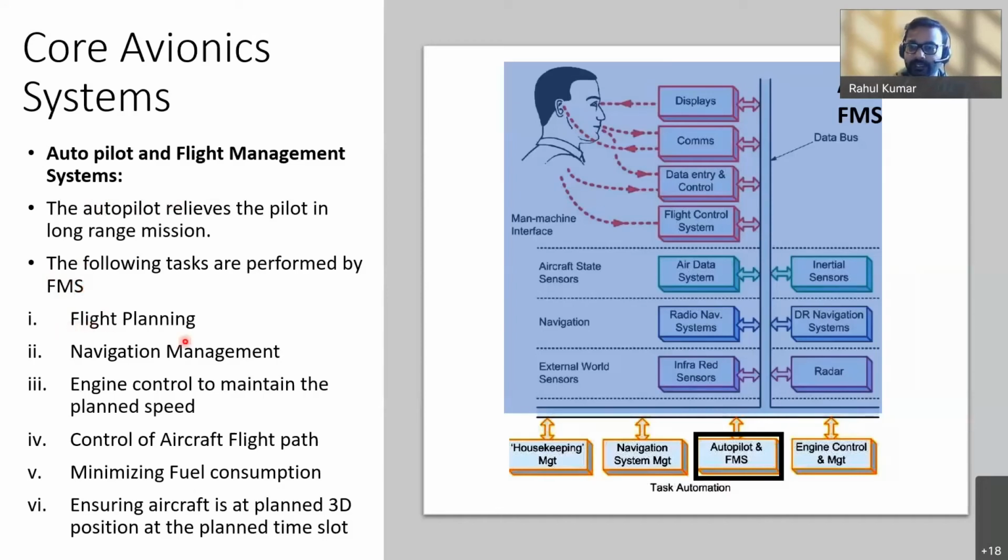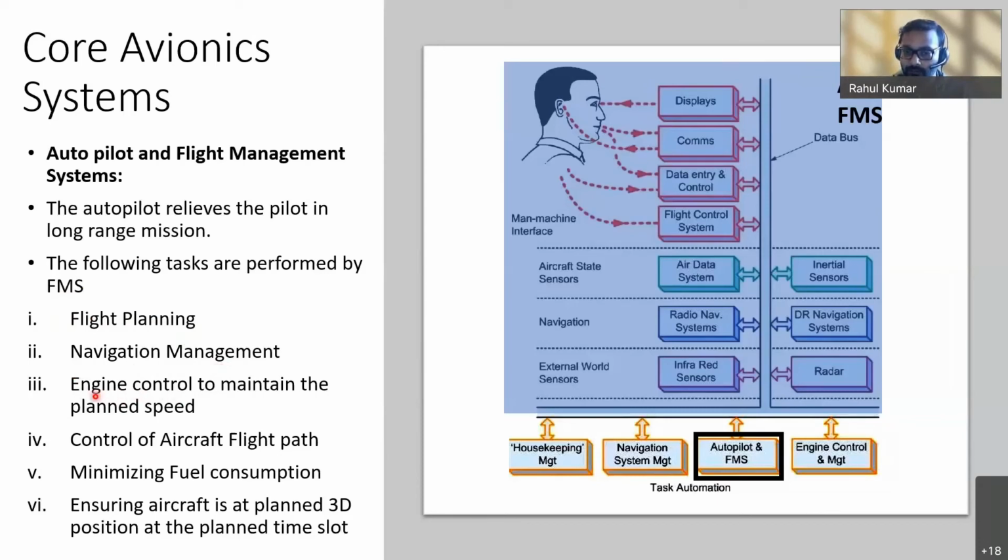If the pilot just enters the GPS coordinates of the destination, the FMS will give the best path which the flight can follow, and it will also give information on the fuel the aircraft should carry to reach its destination. All this information is calculated and given by the FMS. It will also provide navigation information.